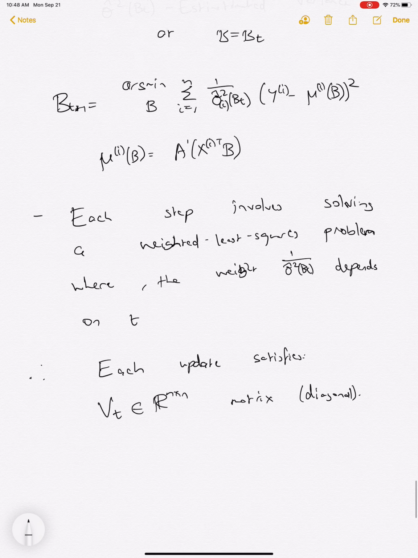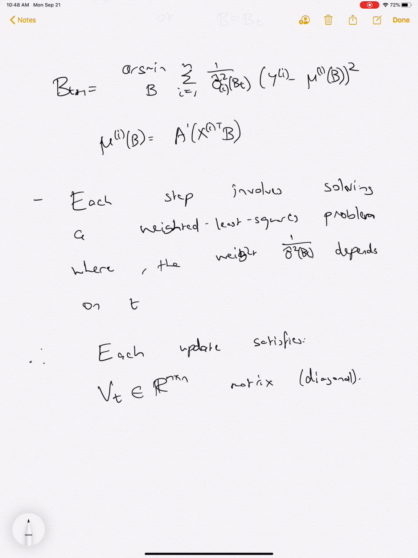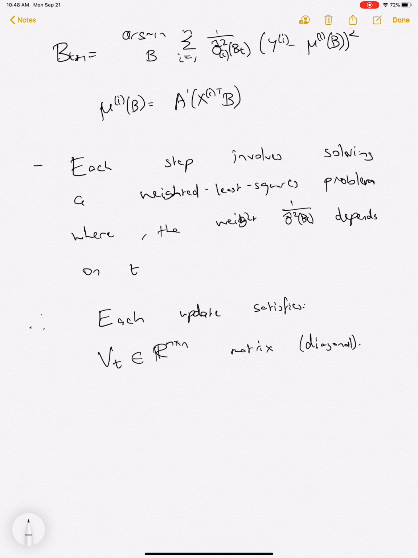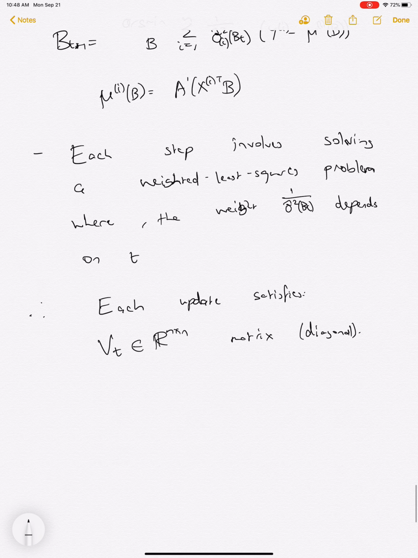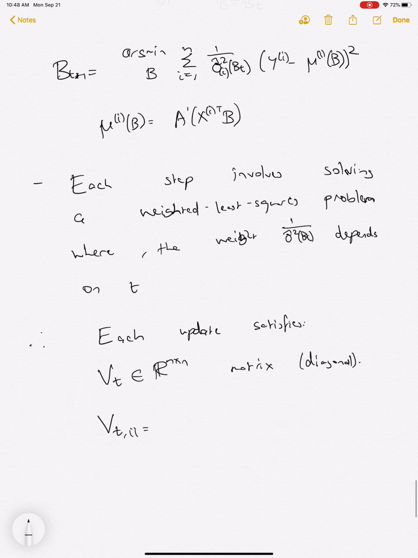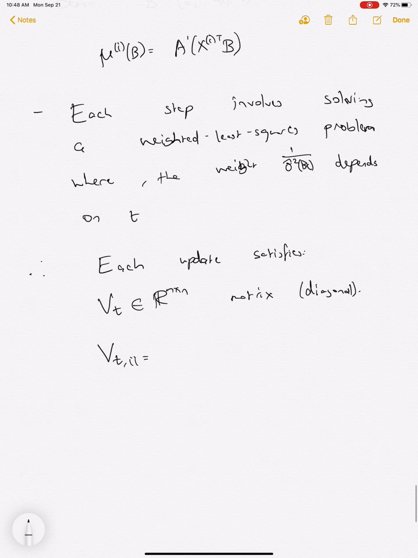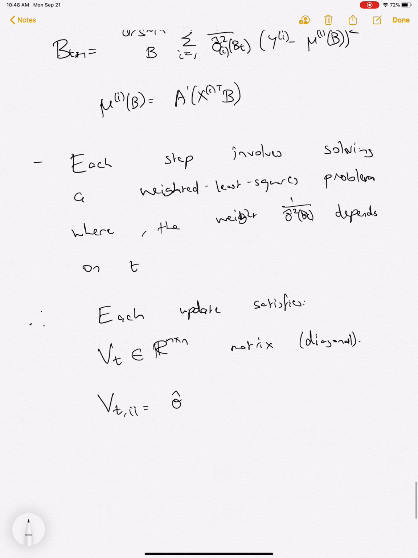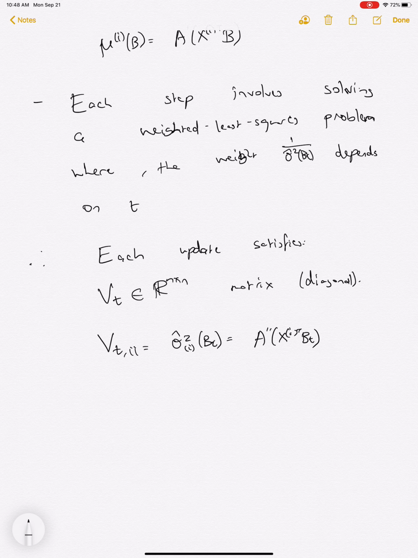So at each step, we're again solving a quadratic. And we know that V_t,ii is just sigma hat squared i of b_t, which is just a double prime of x_i transpose b_t.